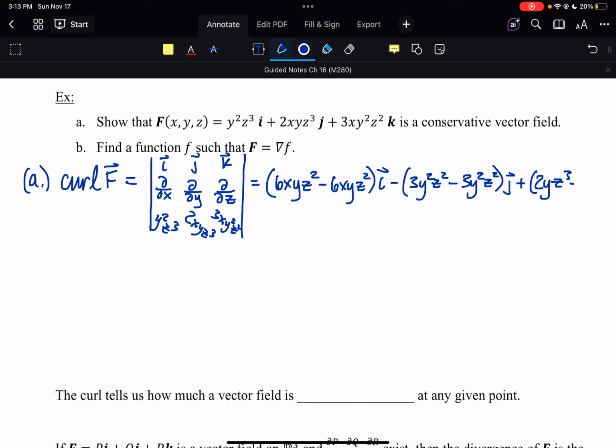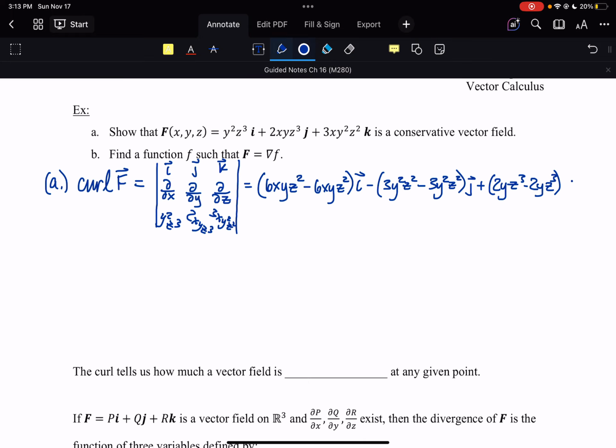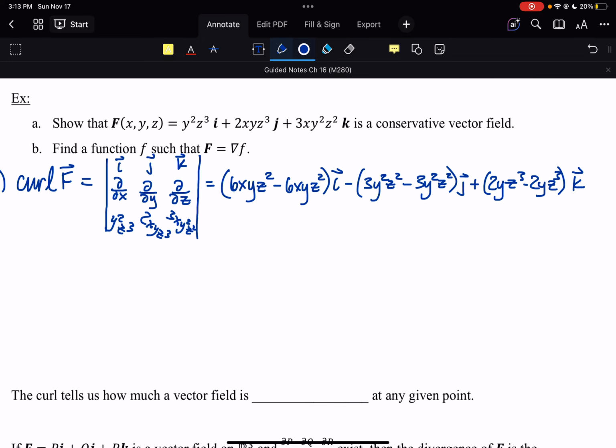No, that's right. Partial with respect to y, that's 2yz cubed. And that's the k component right there.